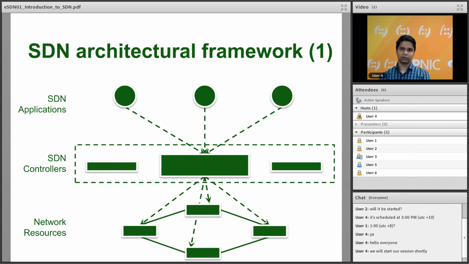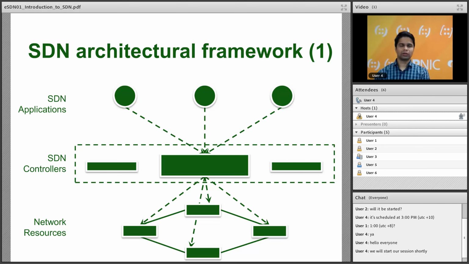So in order for the SDN controller to automatically customize the behavior and the properties of the network resources, the programmability of the SDN application makes use of the abstract layer, or abstract view, of the network resources provided by the SDN controller.